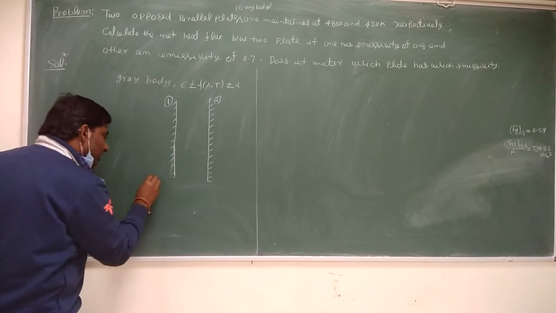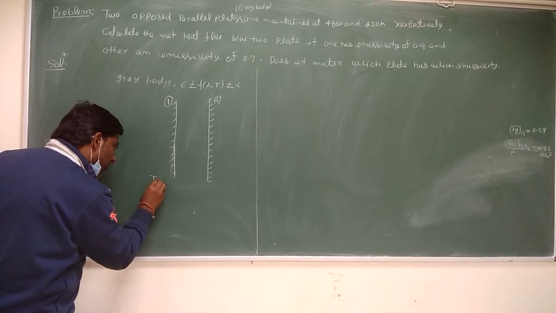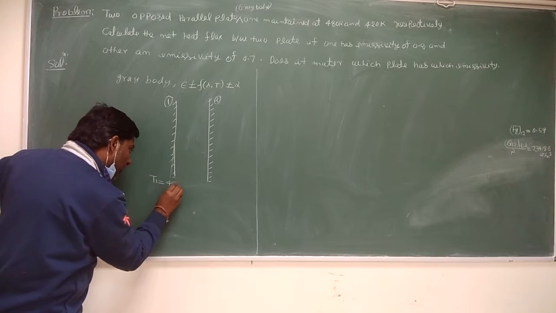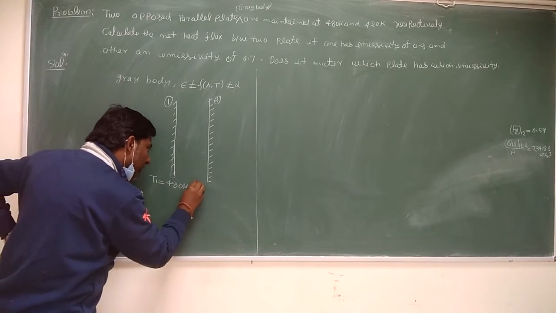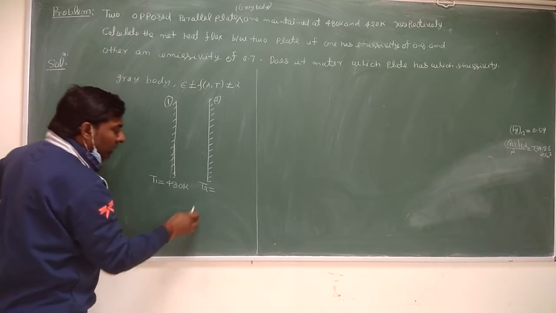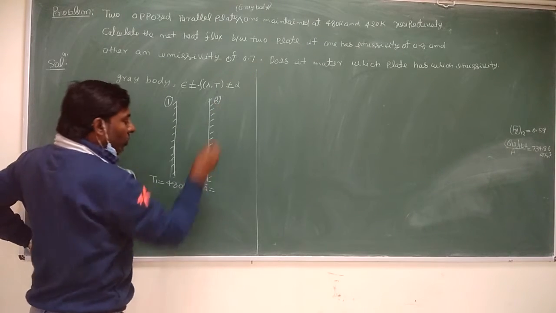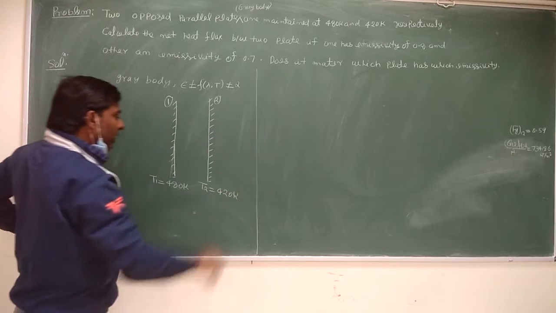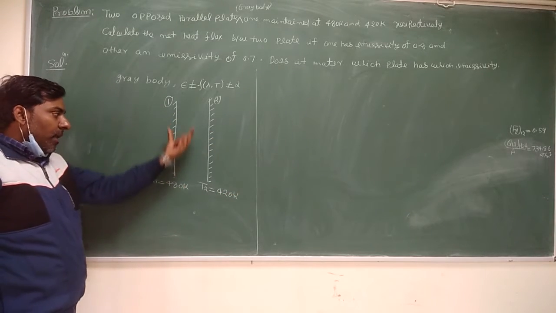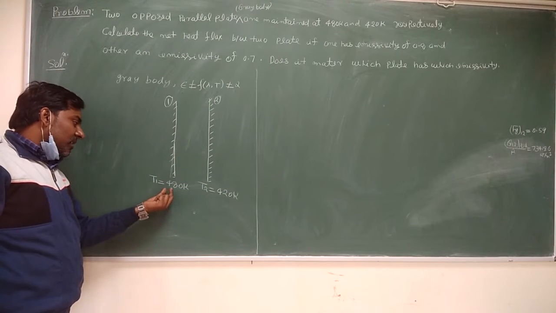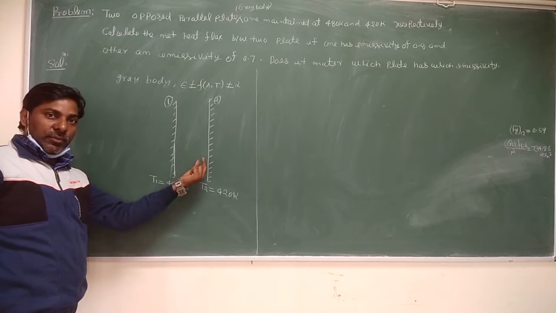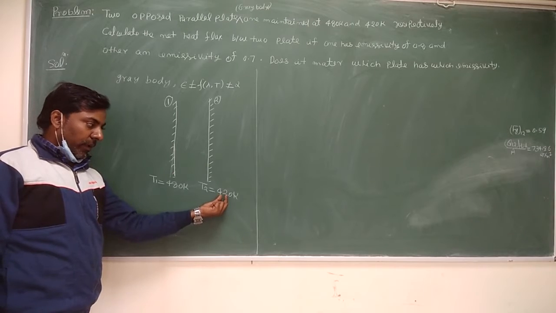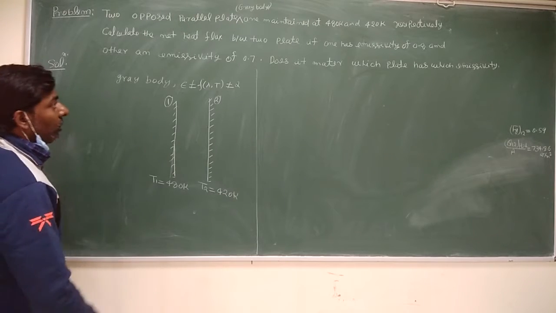The temperature of the first plate is given as 480 Kelvin, and the temperature of the second plate is given as 420 Kelvin.